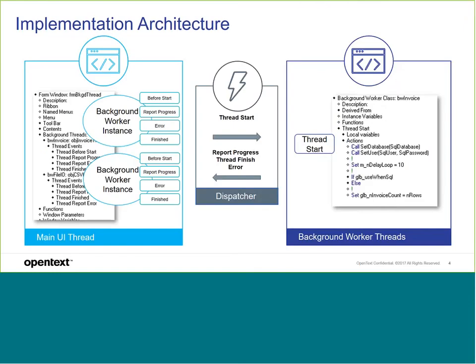So here's the application architecture. There are basically two areas in the code that contain threading-related code. The thread code itself is in a background worker class, and this background worker class at the bottom has actions, and these actions are just plain SAL code without any GUI interaction.